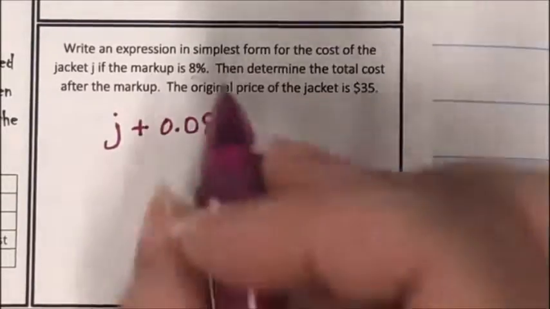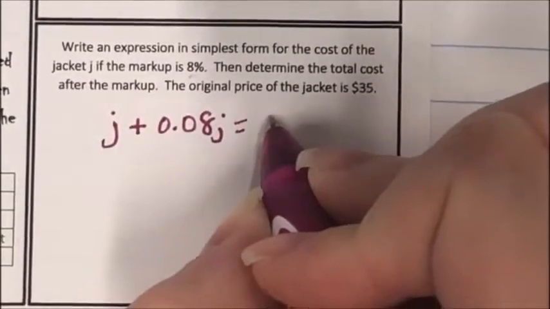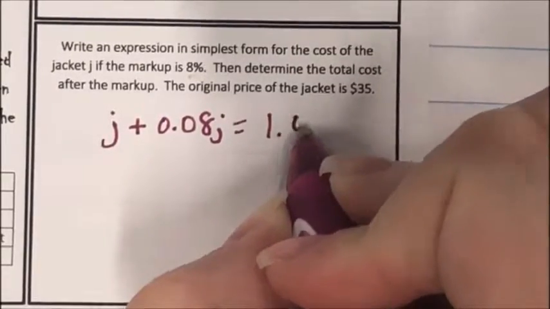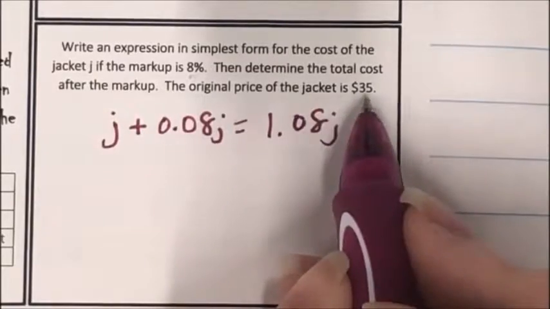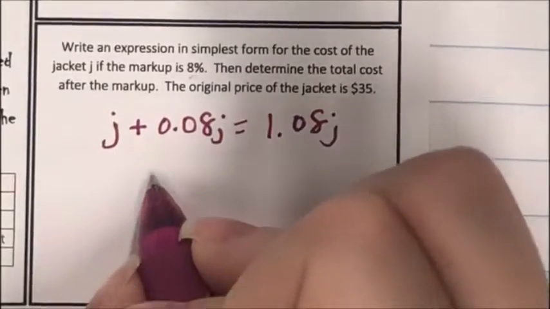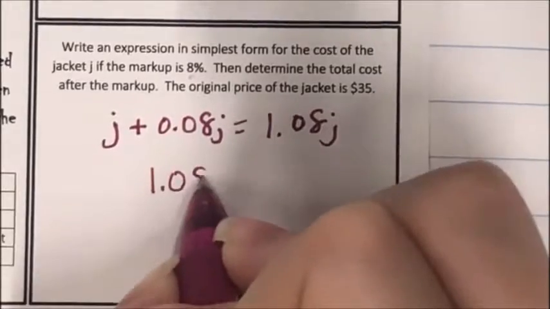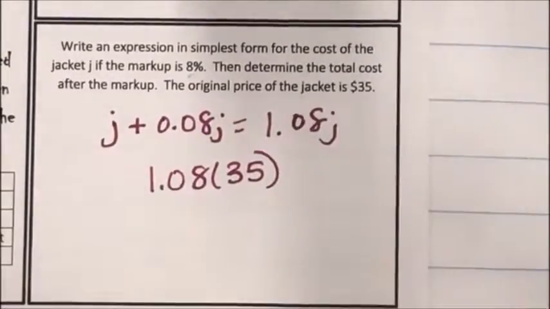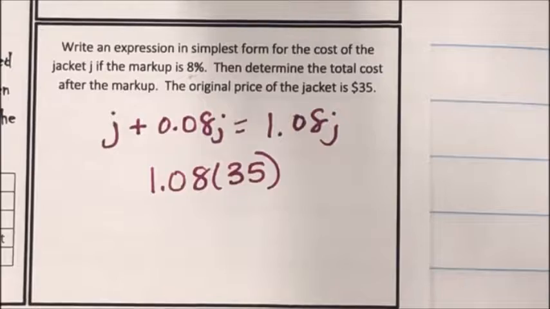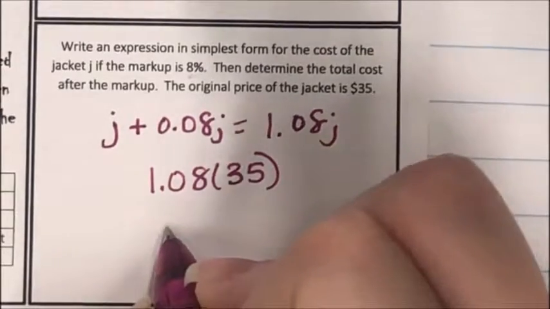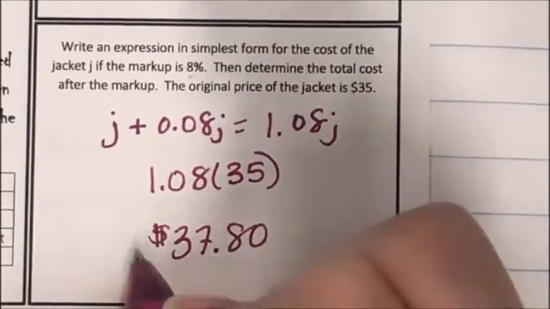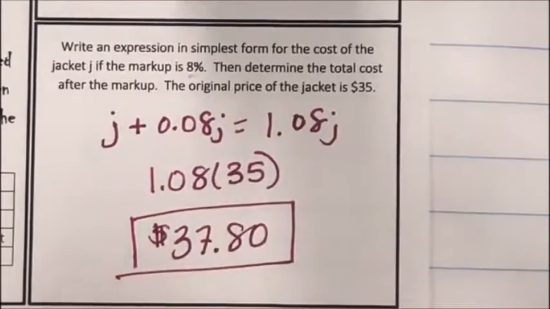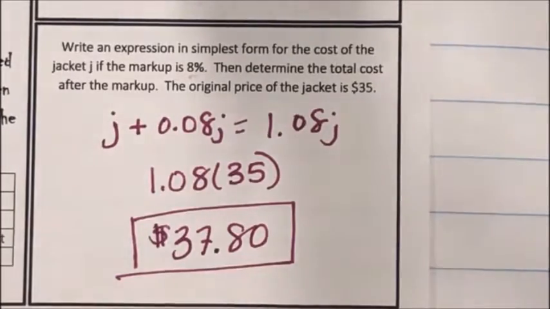If I simplify this, this gives me 1.08J. Now the original price of the jacket is $35, so I plug that in for J. And then I multiply. 1.08 times 35 gives me $37.80. And that is the end of lesson 5.